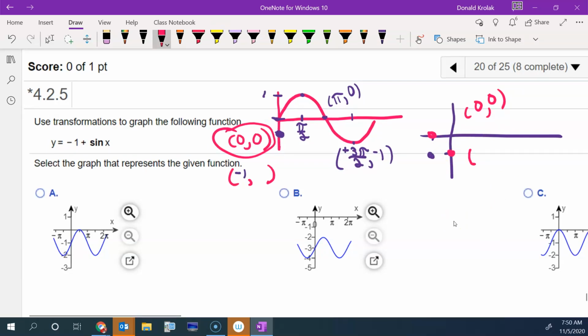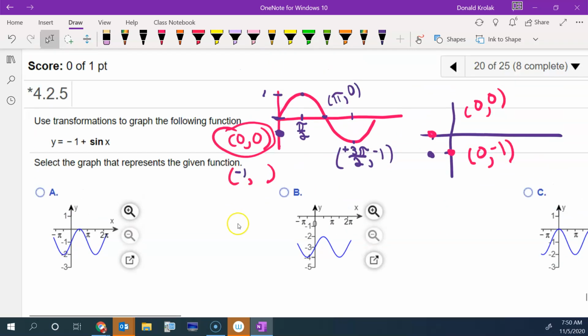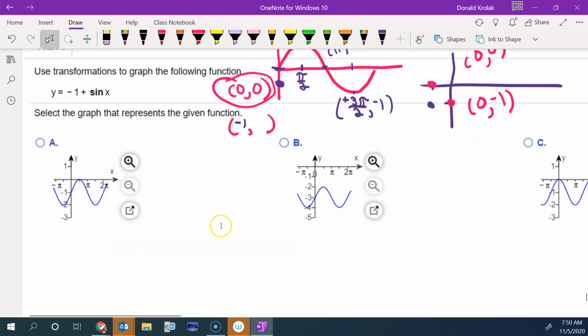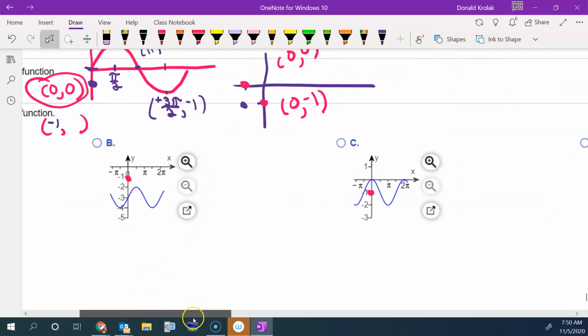What's the x coordinate of that red point there? Yes, 0, -1. So that's where your new graph is going to start. It's going to have to go through that point. So you're looking for the graph that goes through 0, -1.